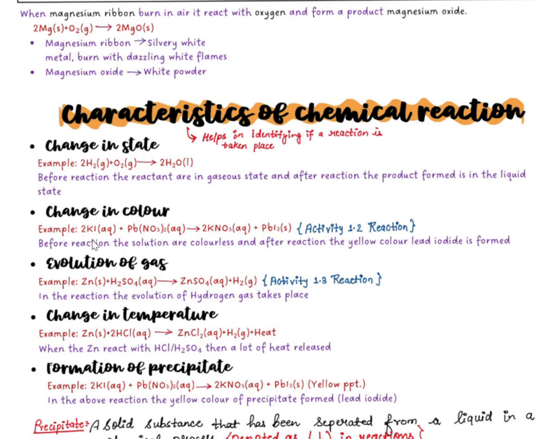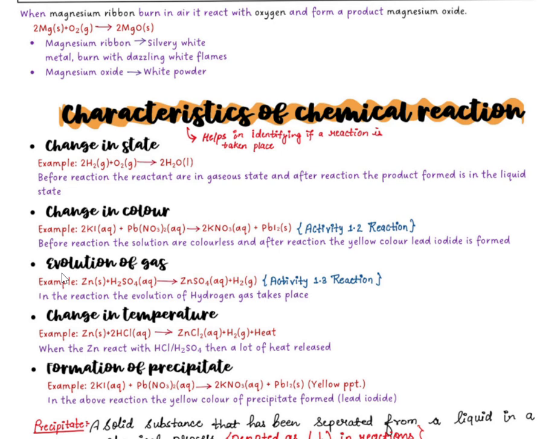Here, before the reaction both solutions are colorless, and after the reaction, a yellow colored lead iodide is formed. So by this we understood the reaction has happened. This is another characteristic by which we can understand whether the reaction has taken place or not.